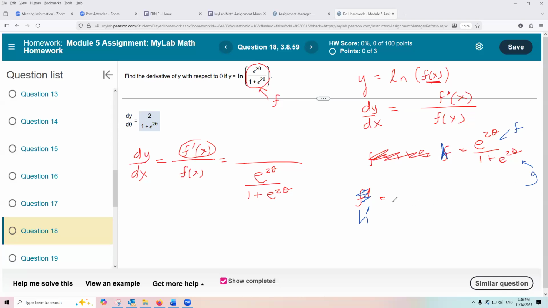The quotient rule says take g times f prime minus f times g prime all over g squared. Let me plug in here. We need the g function, that's the bottom, 1 plus e to the 2 theta, times the f function, that's the top, e to the 2 theta, minus the f function, e to the 2 theta, times the derivative of the bottom. Well, the derivative of the bottom is going to be e to the 2 theta times 2.